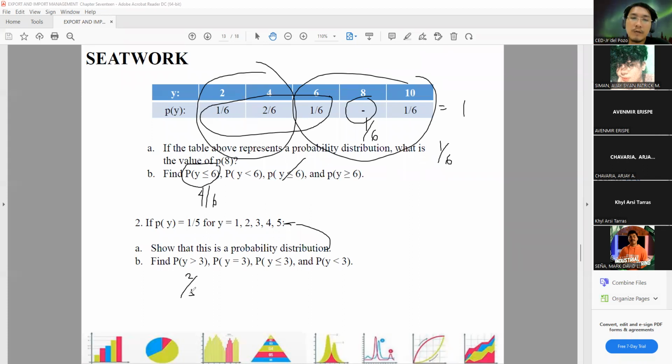How about yung pangalawa? y is equal to 3. 1/5, yes. How about yung ito. P of y is less than or equal to 3. Less than or equal to 3. 3/5, yes. And then finally, y is less than 3. 2 over 5, okay?